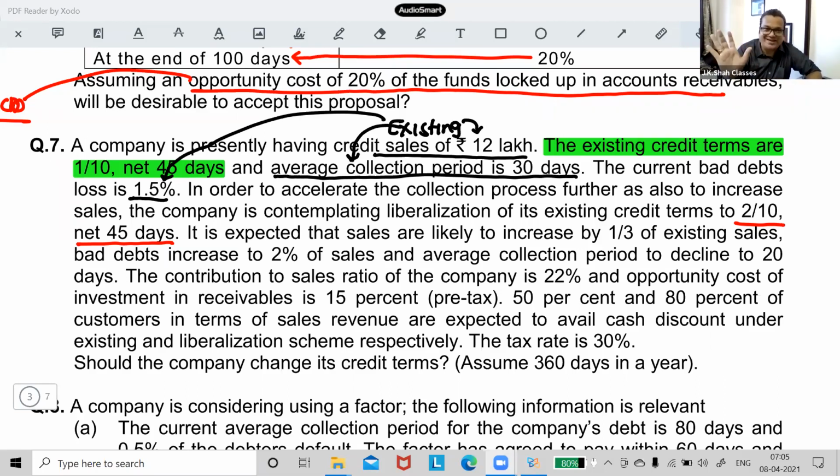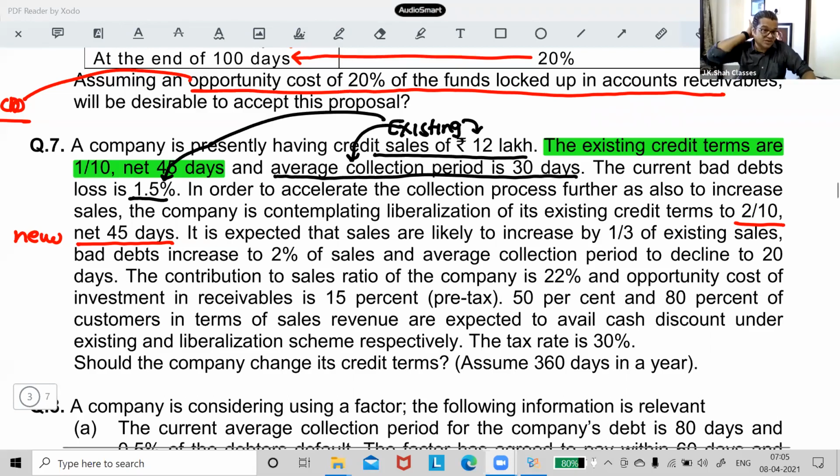Earlier it was 1 by 10 net 45. Now the scheme for you all is 2 by 10 net 45. So sir is now offering us 2% discount if we make a payment within 10 days. Everybody clear about it? So this is a proposed plan.